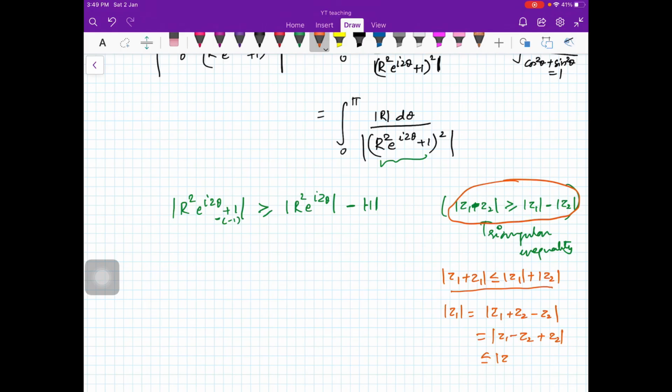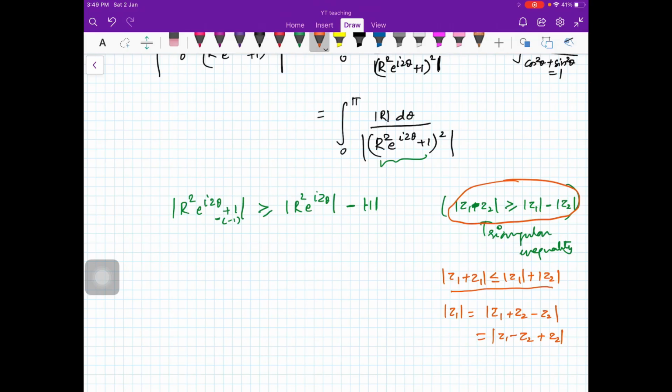This is because you have r raised to power 4 in the denominator and r raised to power 1 in the numerator. If this limit is 0, then obviously the limit of the integral along CR of f(z) dz is also 0, because if we are making it positive and getting a 0 limit, then the original limit is also 0.